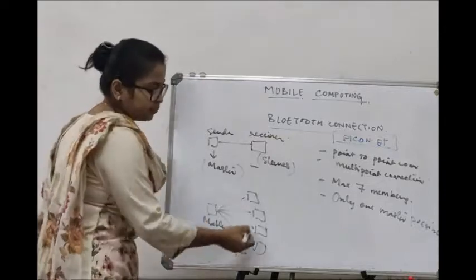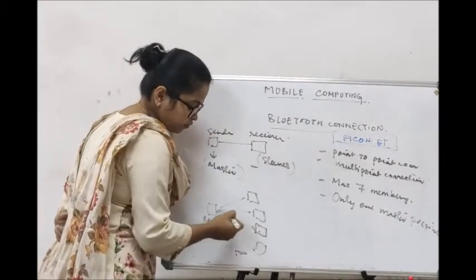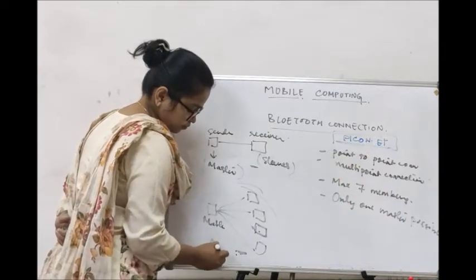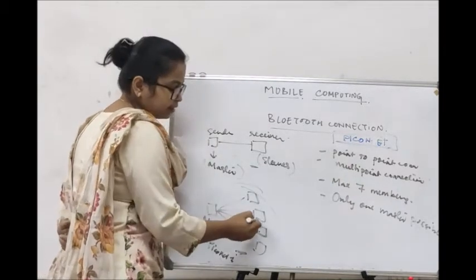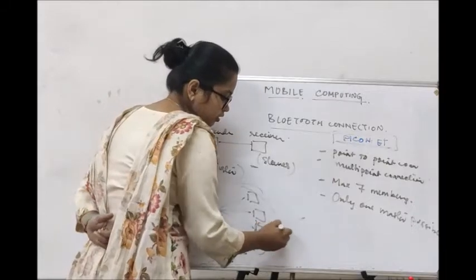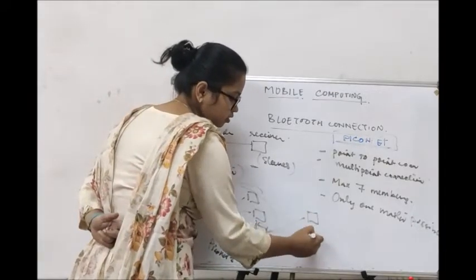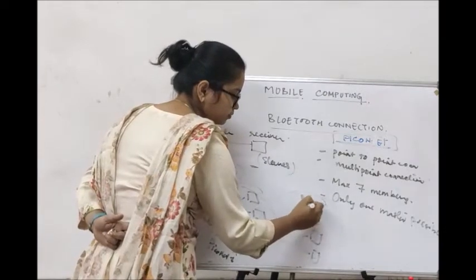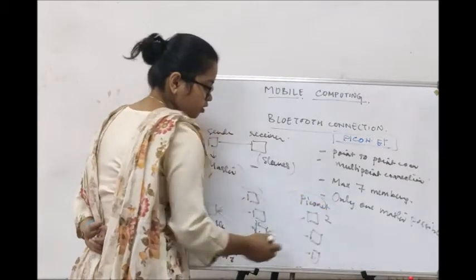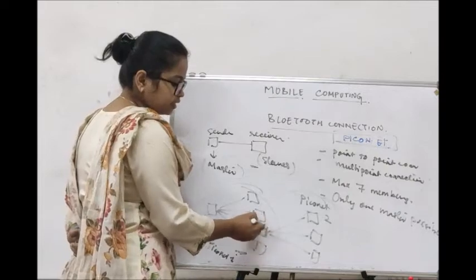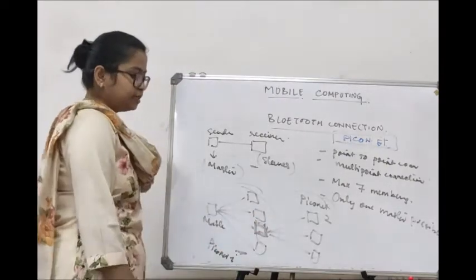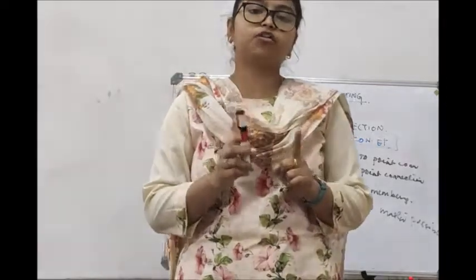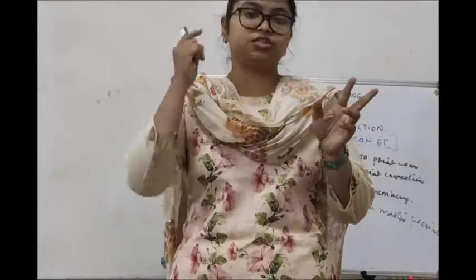Taking this example, this becomes piconet 2 then. So here this device is an overlapping device. That means it is a part of two connections.